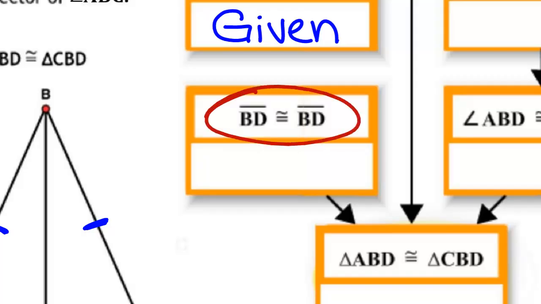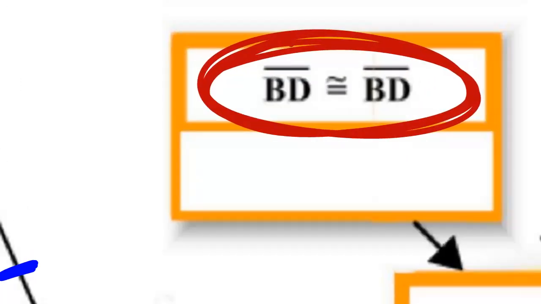Why would we be allowed to say that segment BD is congruent to segment BD? It's congruent to itself. What reason did we use on the last proof when we had something congruent to itself? Reflexive property.